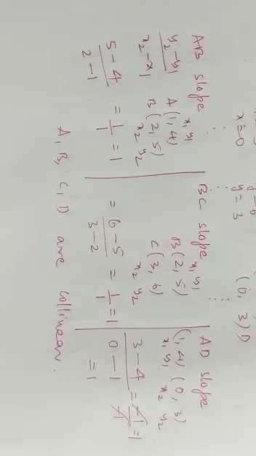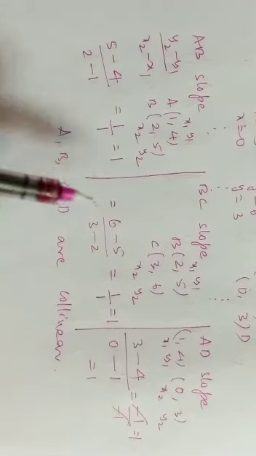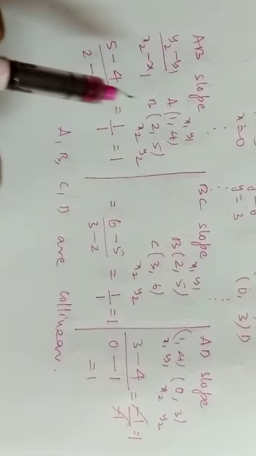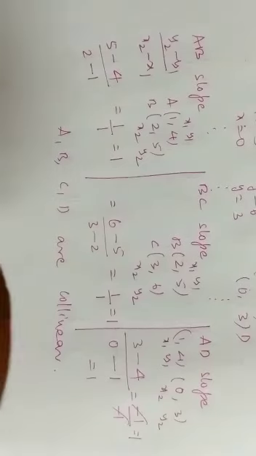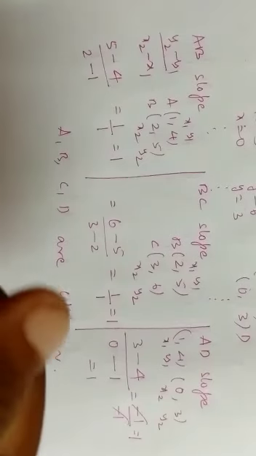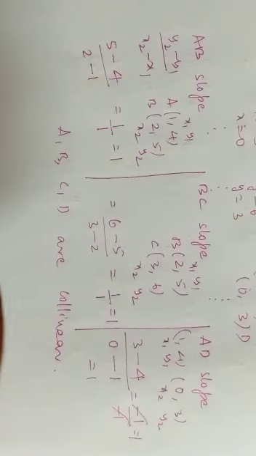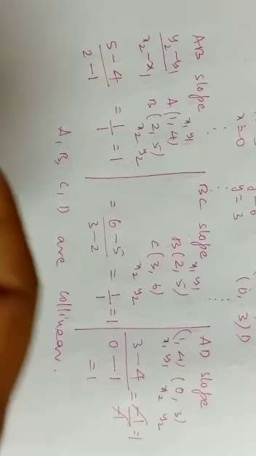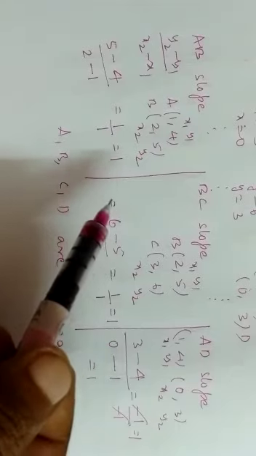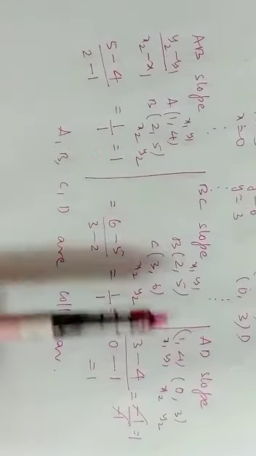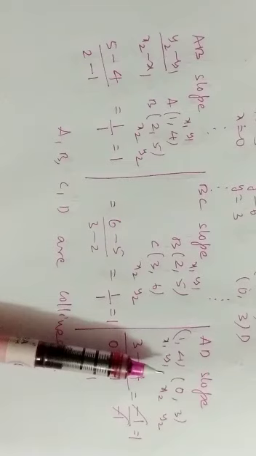As I said in the definition of collinear, 3 or more points, they may give 3 points, 4 points, or 5 points. Then how to check? This method will be a little easy compared to the previous one. Since 4 points are given, I found 3 slopes.